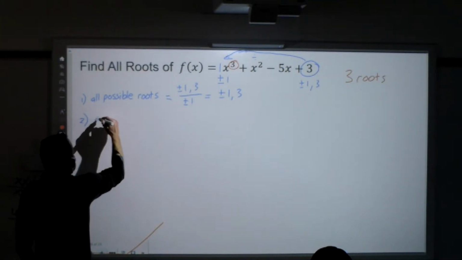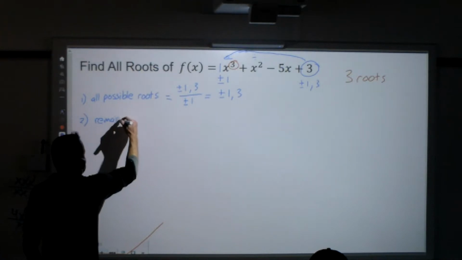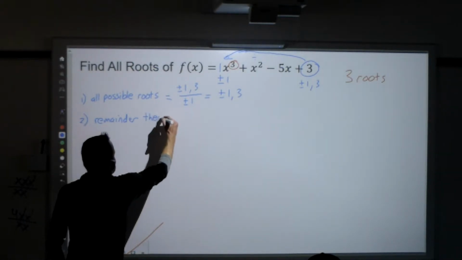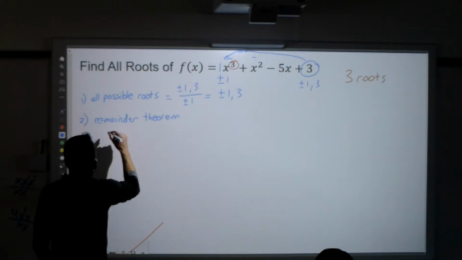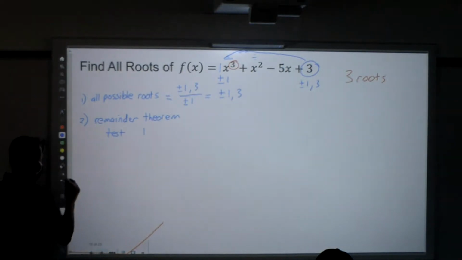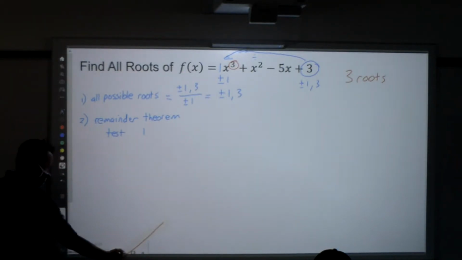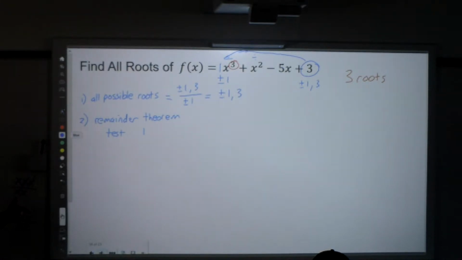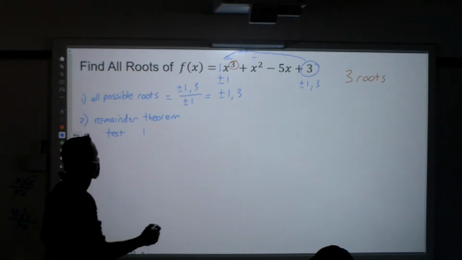So number 2, this is where we're going to use the remainder theorem. And I'm going to put a little note. I'm going to test 1. What I mean by that is I'm going to plug it in, and again, I'm going to hope for 0.